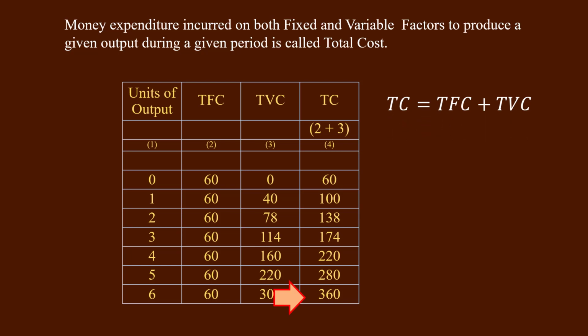The formula is total cost equal to total fixed cost plus total variable cost. Substitute the values in the formula to calculate total cost. For example, total cost at 0 output is 60 plus 0, 60.